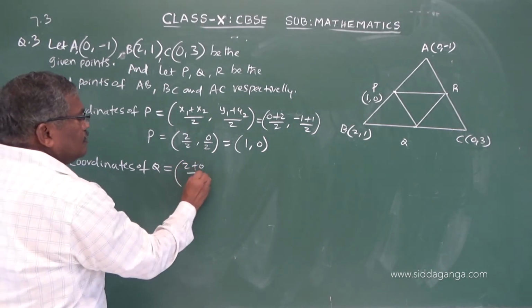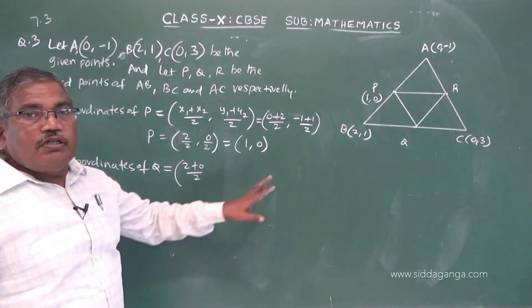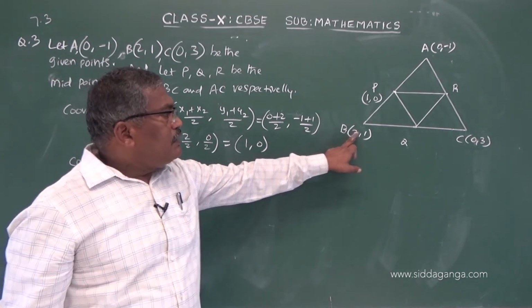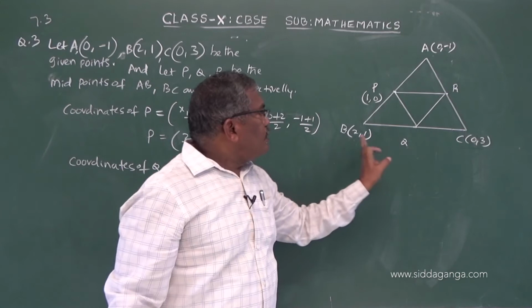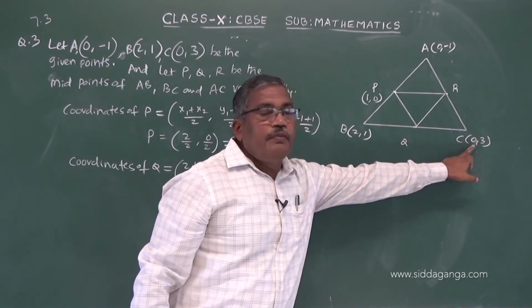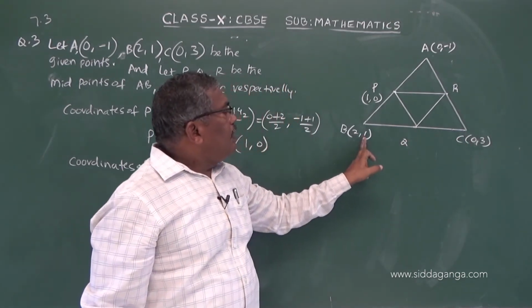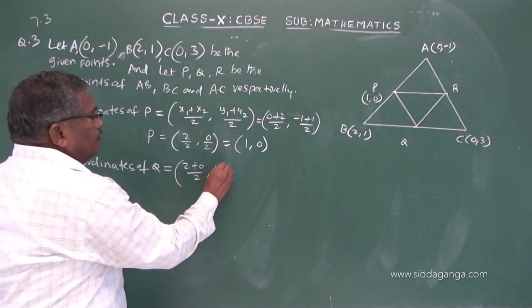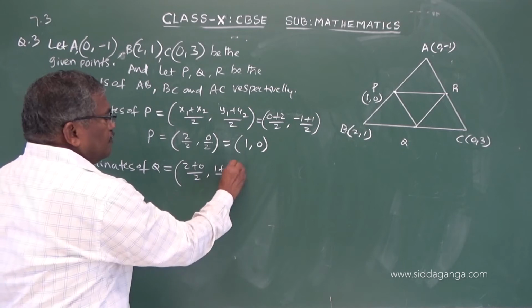You understand here, 2 is the x coordinate of this, 0 is the x coordinate of this, x1 plus x2 divided by 2, and y1 plus y2, 1 plus 3 divided by 2.